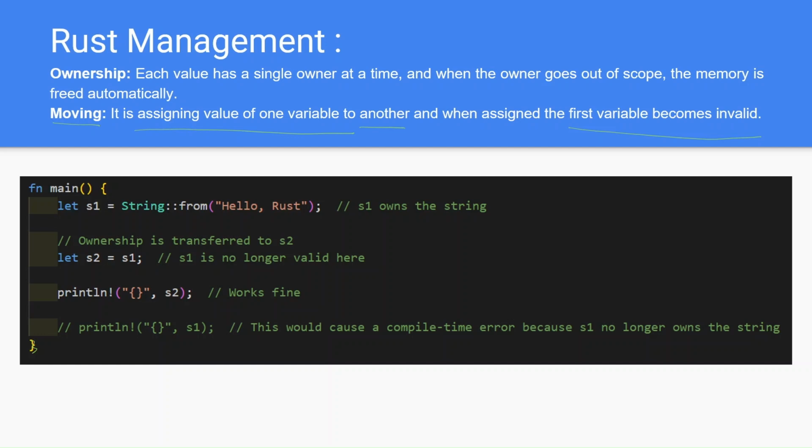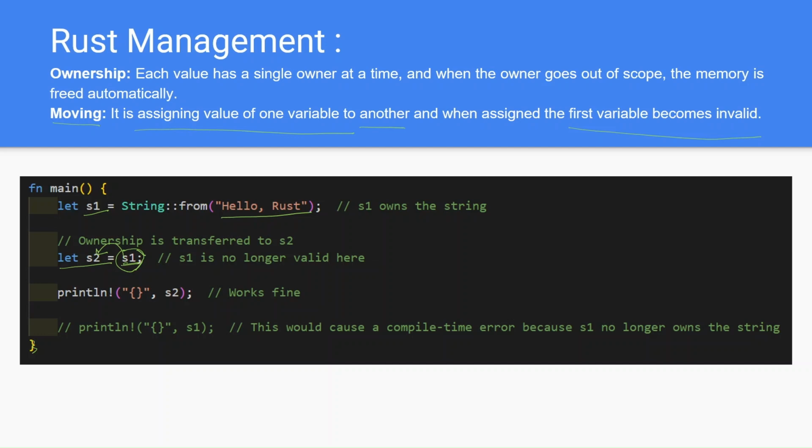So what it means is, consider the below code. You create an s1 variable, provide some value to it, and in the next line you also create s2. But what you do there is create s2 equal to s1. So the s1 value moves to s2, and now s1 is no longer valid.